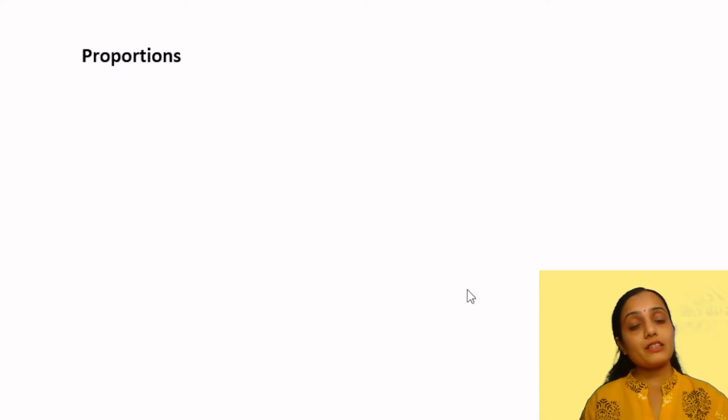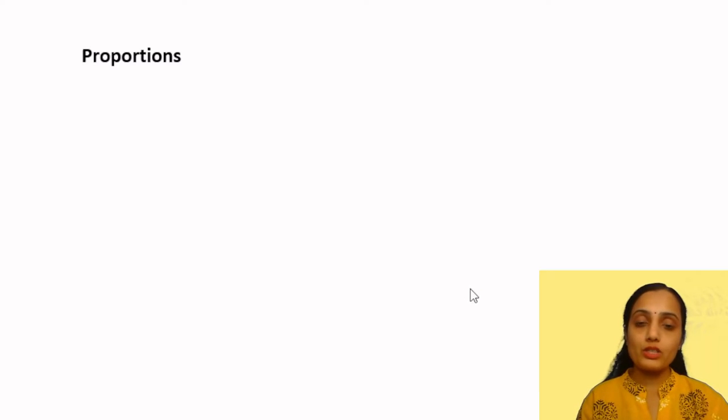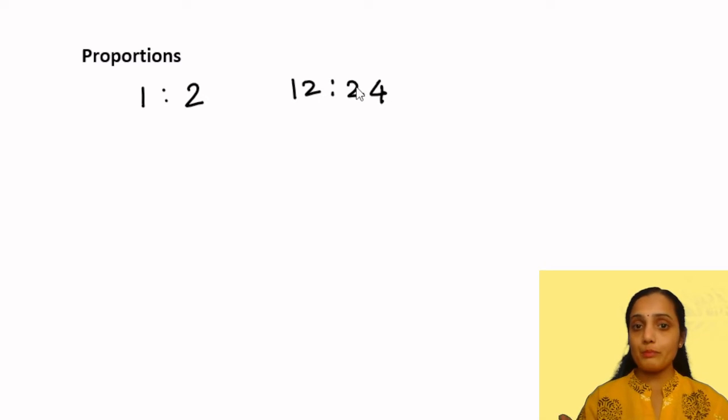Now in the previous year also we have studied proportions, and we have seen that two ratios are called in proportion when the simplest form of both the ratios are the same. So going by the previous example, we had 1 is to 2 and 12 is to 24. Now when I simplify 12 is to 24, I get back 1 is to 2.